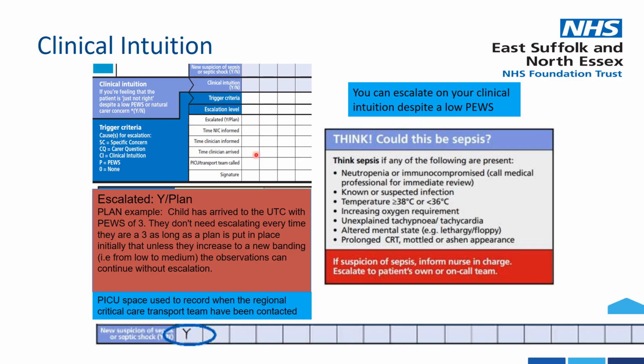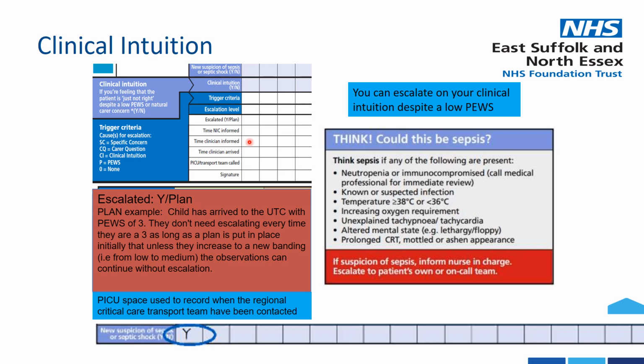This section here is really for you to write down when you have escalated the child, who you've escalated to, the timings that you've escalated them, and the time that the clinician is informed. So you would have the ACPs that would come to you. You wouldn't have the doctors that come over, but you could document in your digital forms when the ACP has seen the child, when you have contacted Colchester, and when they've been accepted.